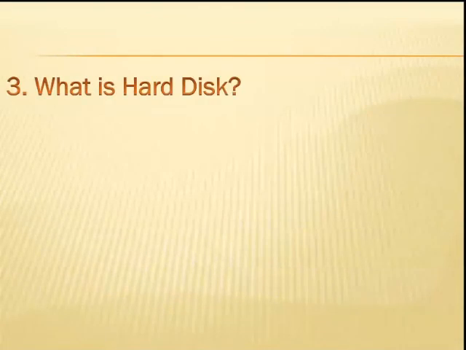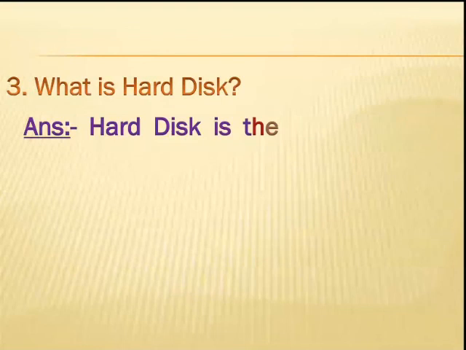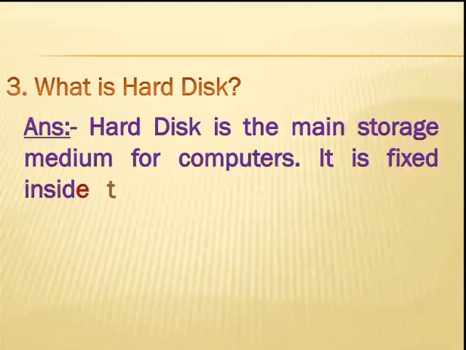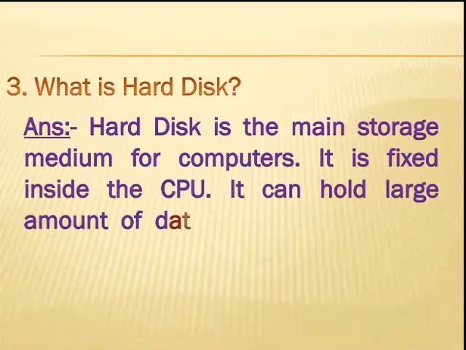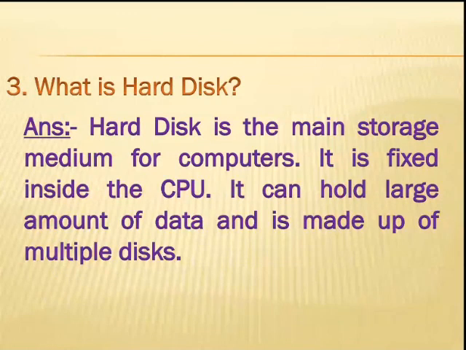The third one is: what is hard disk? And the answer is, hard disk is the main storage medium for computers. It is fixed inside the CPU. It can hold a large amount of data and is made up of multiple disks.